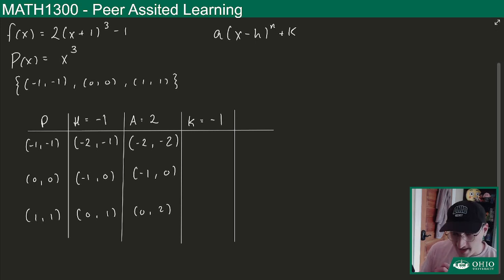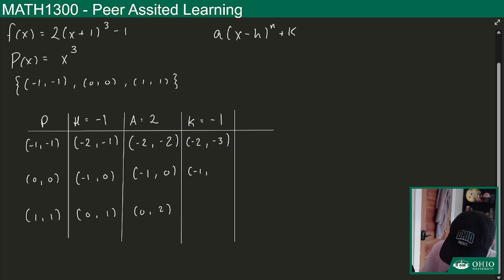Then finally you want to add k to each of your new y values. So -2 plus -1 is -3, 0 plus -1 is -1, and 2 plus -1 is 1.